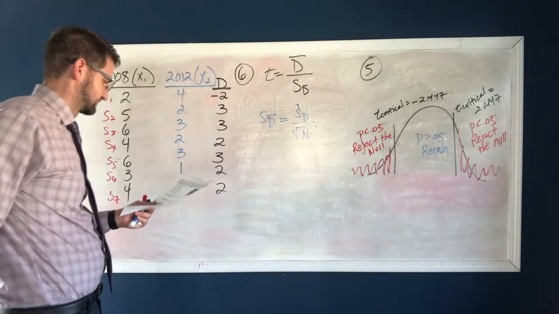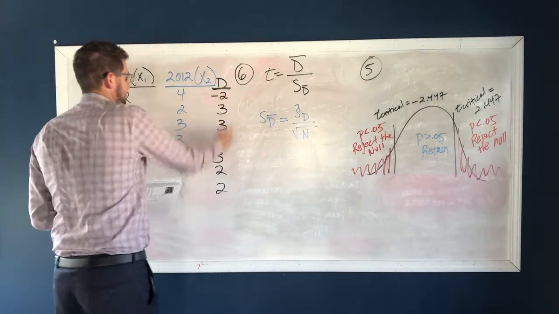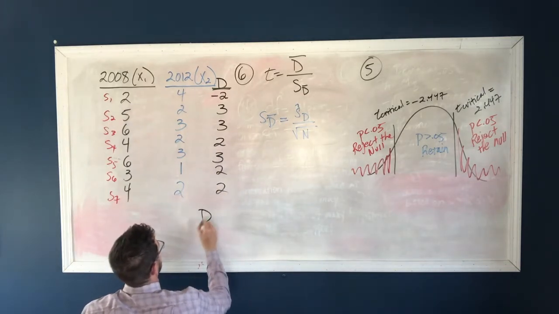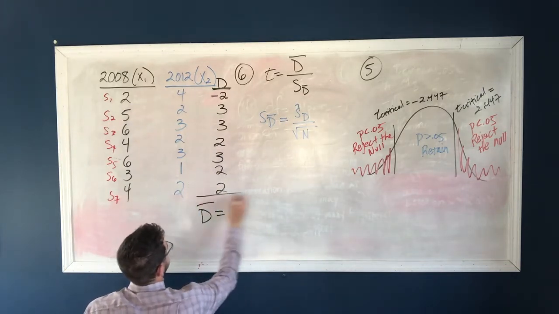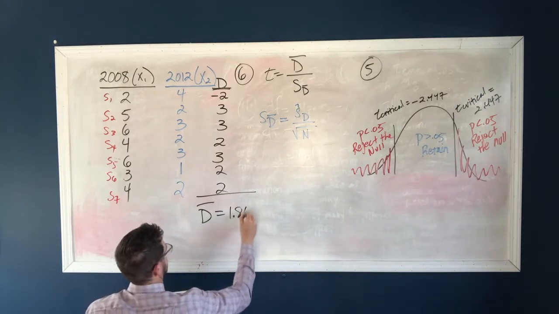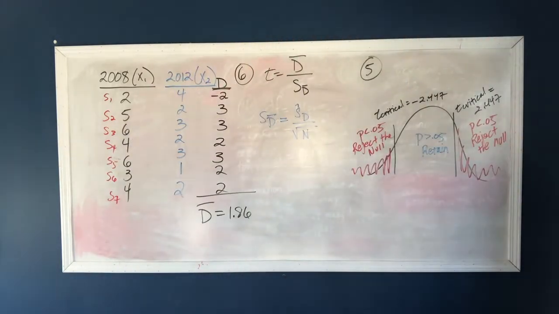Okay. So now go ahead and calculate the average difference score. So let's go ahead and find our D bar. Okay. And it should be 1.86. But let's go ahead and do that together. Let me get my calculator.